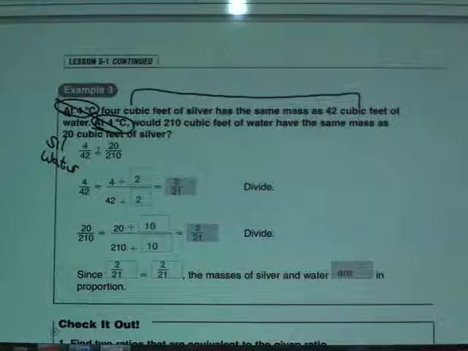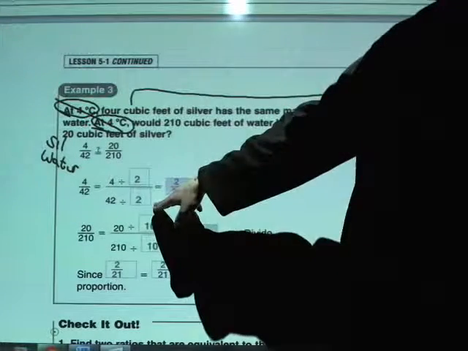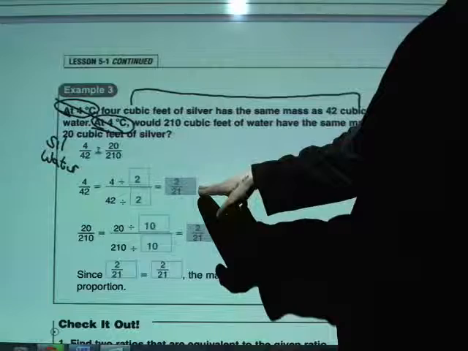And what we have to figure out now is if those two represent the same thing. Now, there's a couple different ways to go about this, but as you can see, what they've done is reduce these fractions down and show that they are the same, which is going to lead us to the answer that, yes, these two do have the same mass representation here. 4 over 42 can chop 2 out, which is the greatest common factor, and get 2 over 21.